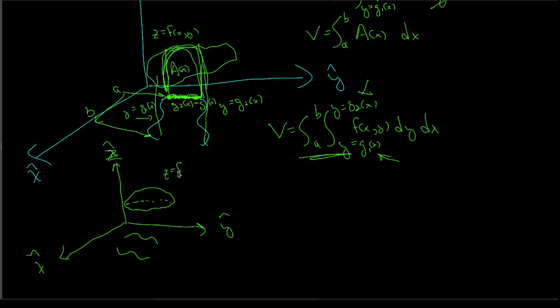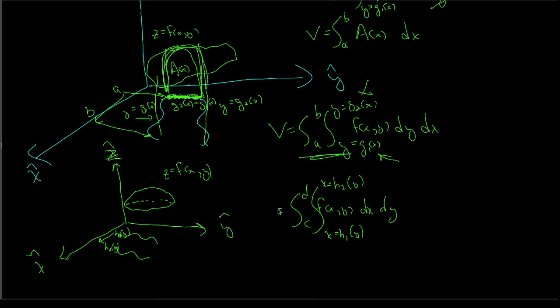And so we still have Z as a function of X, Y. But now we want to move from H1 as some function of Y, and H2 as some function of Y. And so we would integrate X first, moving in the X direction, and then in Y. And so we could move from some C to D in Y, f of x, y, and from x equals h1 as some function of y, and x equals h2 as some function of y, and we'll integrate dx dy, and we'll still get a volume element.